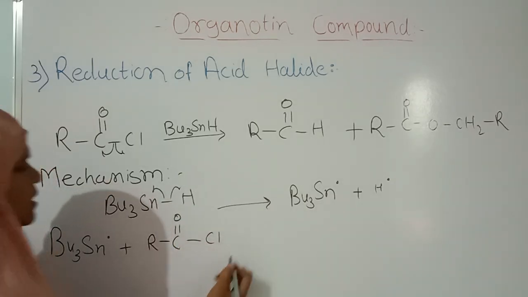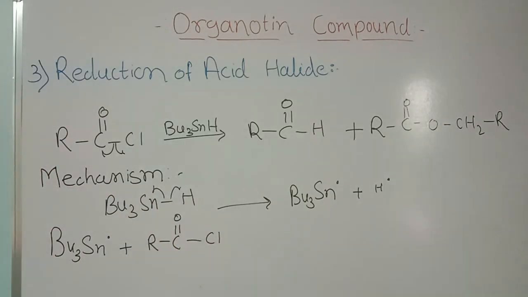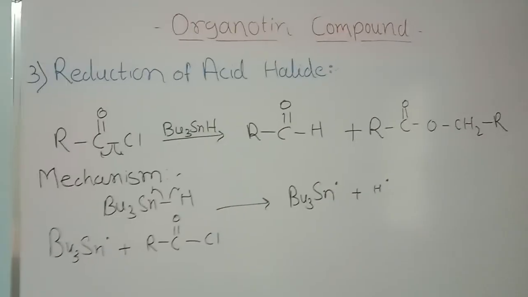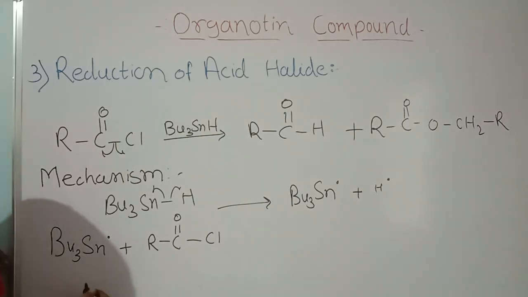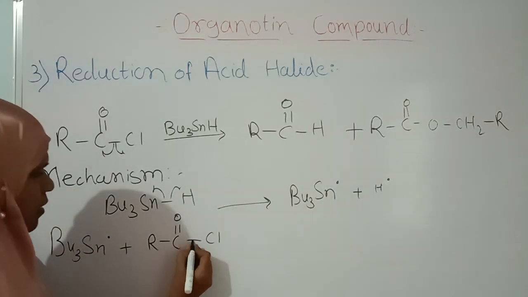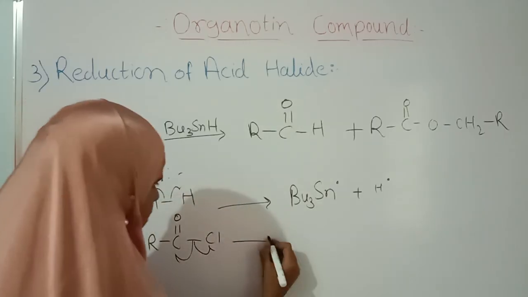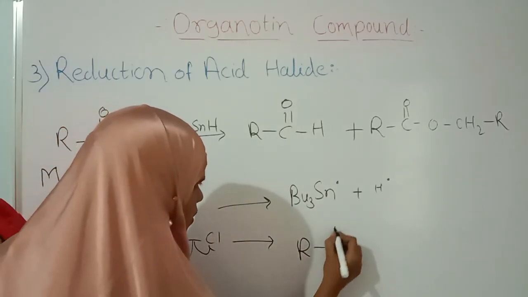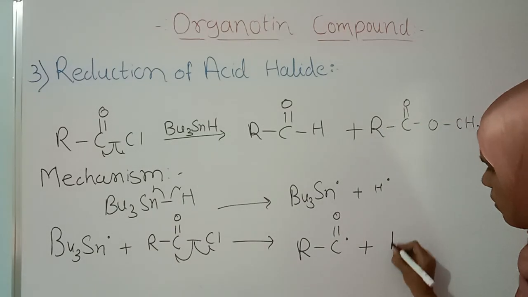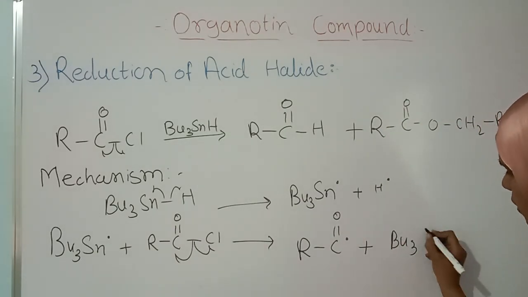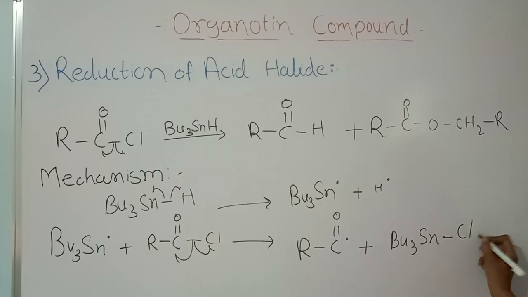RCOCl. Okay, then what will happen? In this state, the halogen departs and a bond forms between halogen and tin. Okay, then we get RCO radical and the side product is Bu3SnCl.